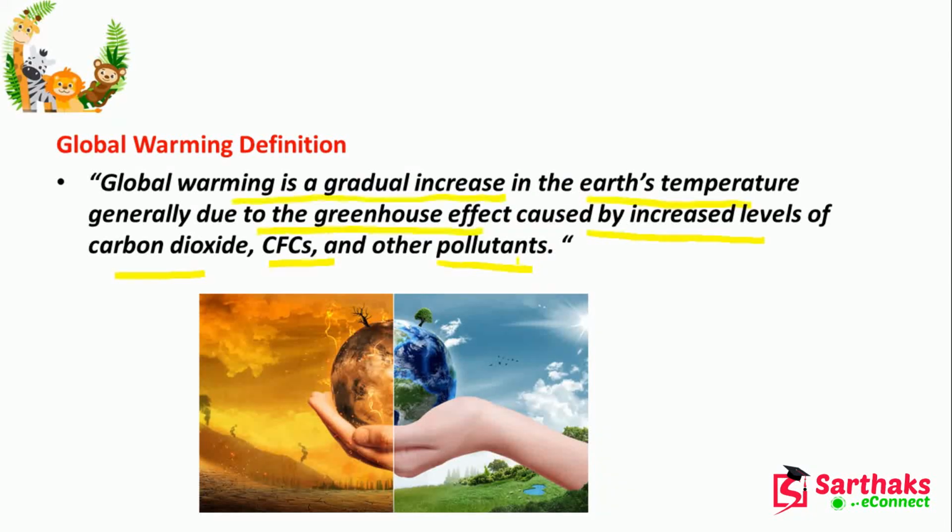So the definition is that global warming is a gradual increase in the Earth's temperature, generally due to the greenhouse effect caused by increased levels of carbon dioxide, CFCs, and other pollutants.